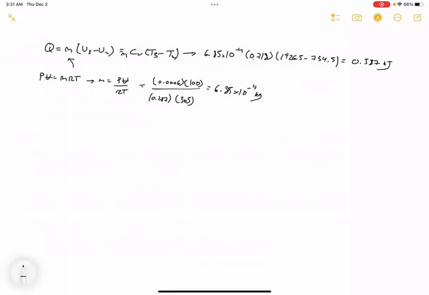Now, let me just check what we're asked exactly. We're asked to find the amount of heat transferred in kilojoules and the thermal efficiency. They don't specify heat transfer into the system or from the system, so we can just find both to be safe.